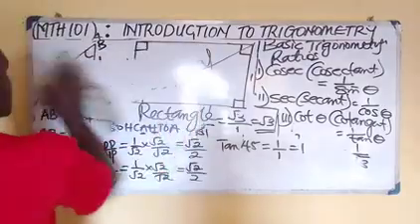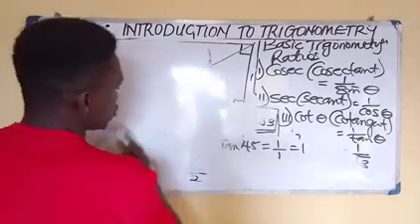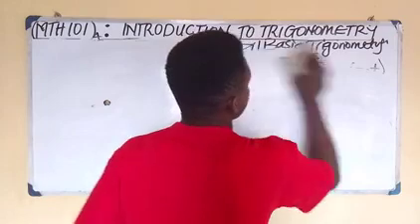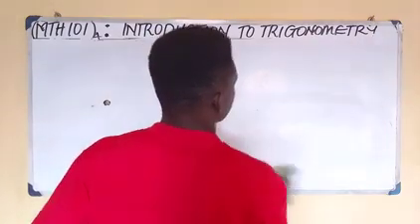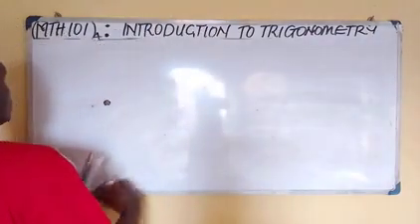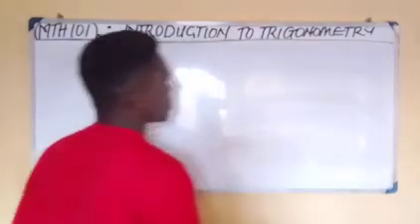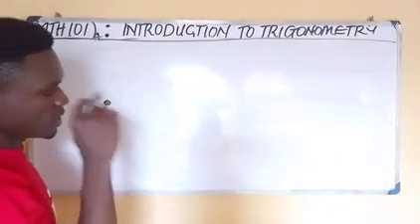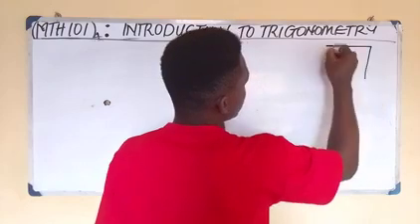Alright, so let me do this. Let me show you something. Alright, so this is what I'm going to do. If you are given an angle like this, this is just rough work.